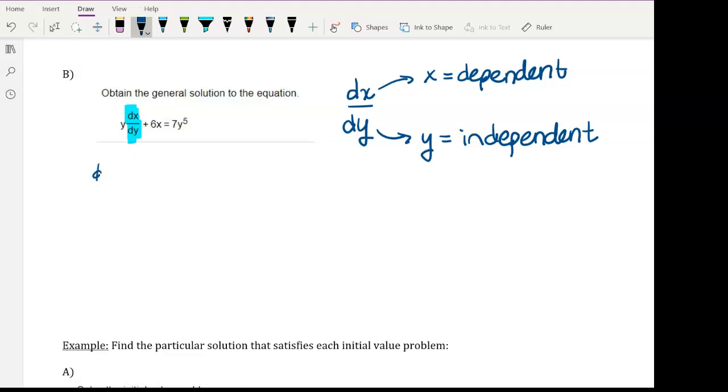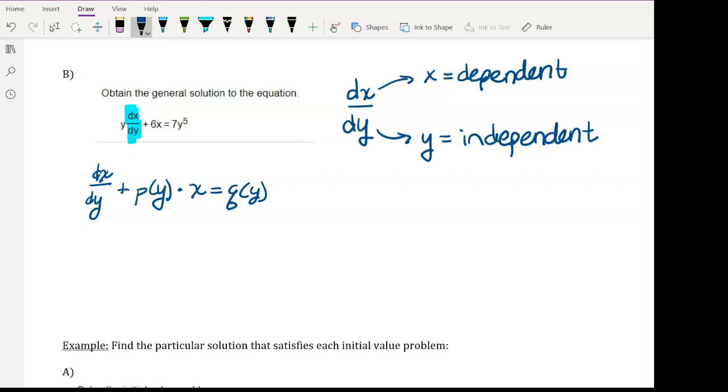So our general form is going to look like this, and this is what we're going to want to match: dx/dy plus p of y times x equals q of y. And all I did is flip-flop all of the x's and y's in the very first general format we said we always want to start with.